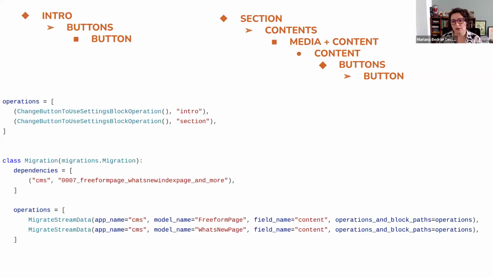Of course, that only works because all of the components that include buttons have used the same name for our buttons list. If they used different names for that, you would have to adapt the migration to find them in the right place.